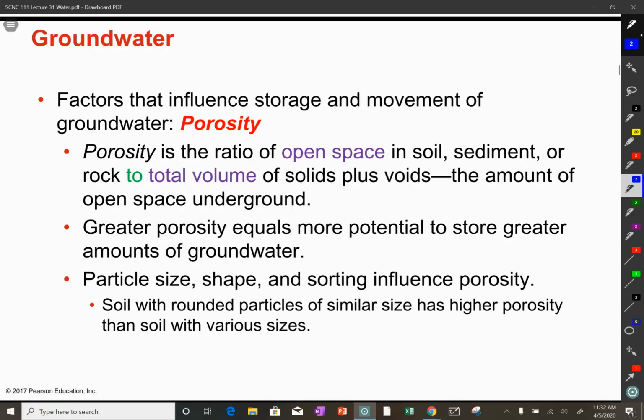But groundwater is affected by two important things: porosity and permeability. So porosity, think of the root word there, pore, or hole. So porosity is a measurement of how much open space there is in the rock. Now, if you think about it, you have, or in the soil, not rock.